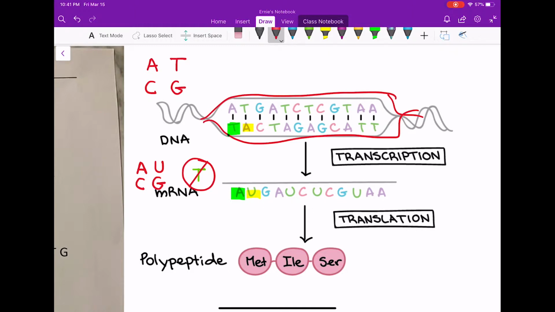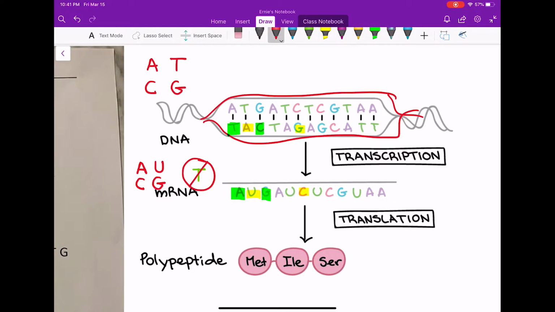All right. And when we see a C in DNA, we will pair it up with a G. When we see a G, we will pair it up with a C, right? So that's essential that you remember that.